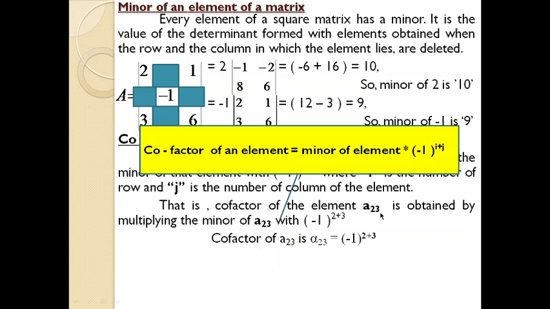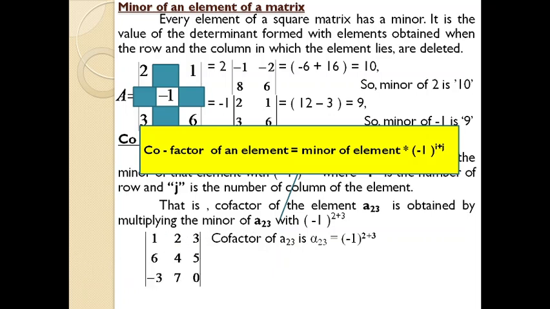So the cofactor of an element A23 is obtained by multiplying the minor of A23 with minus 1 raised to 2 plus 3. So the cofactor of A23 means whatever minor you find, into minus 1 raised to i plus j. i plus j means the position of that particular element in that matrix. We will discuss with an example, then you will understand the concept. Remember, the equation for finding the cofactor of an element is just to multiply the minor of an element with minus 1 raised to i plus j.